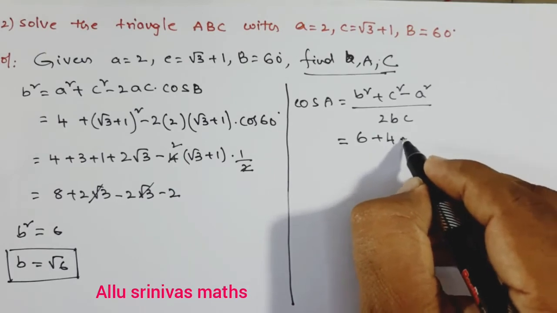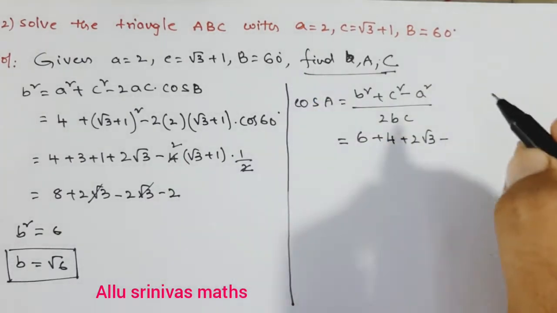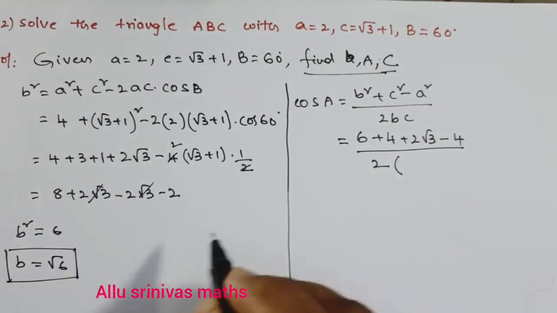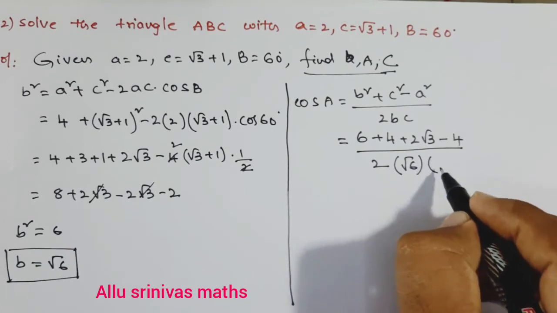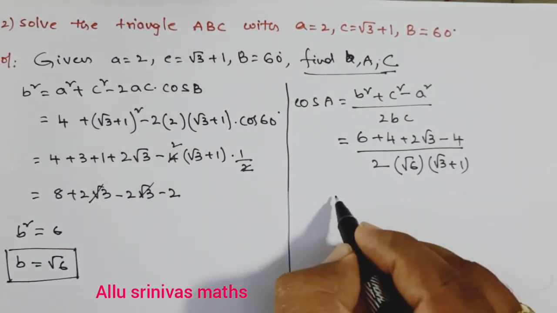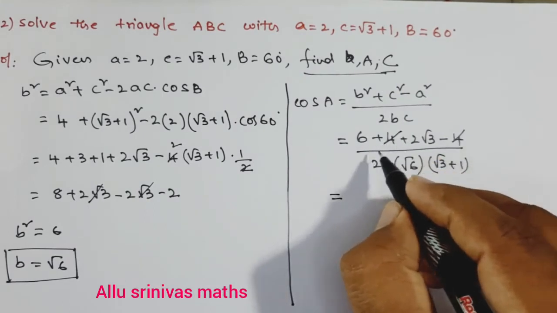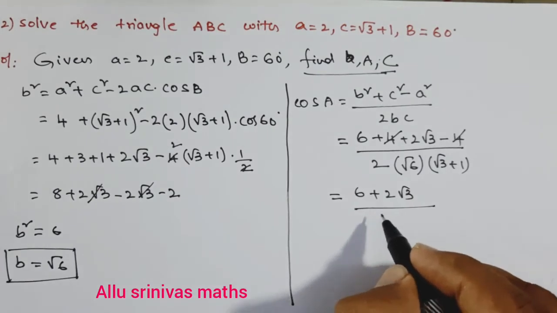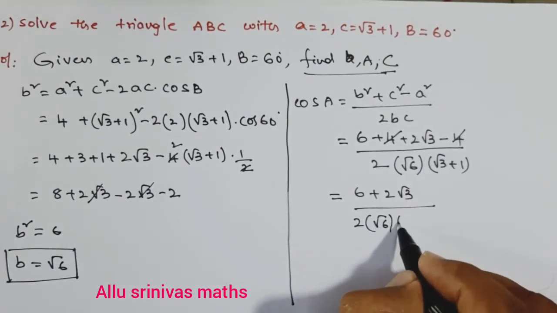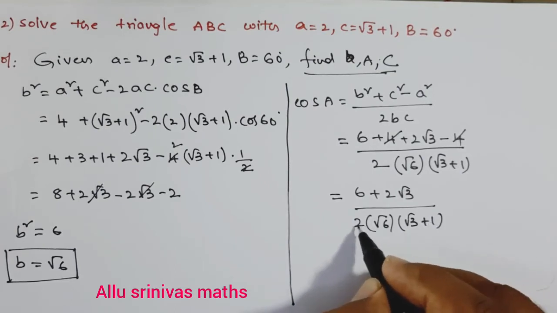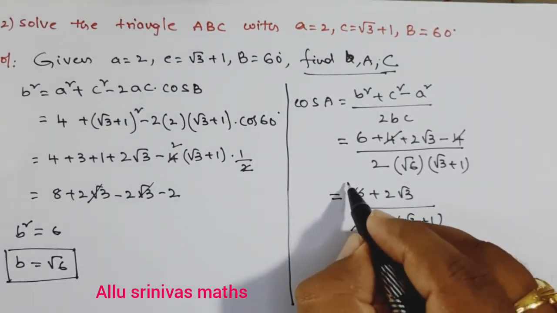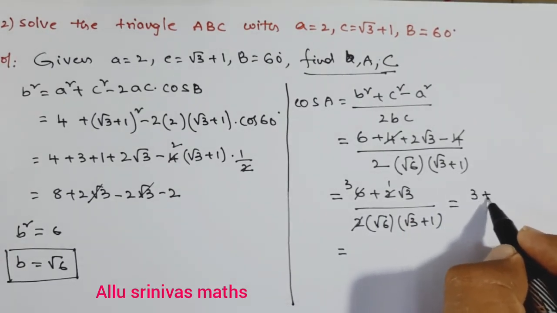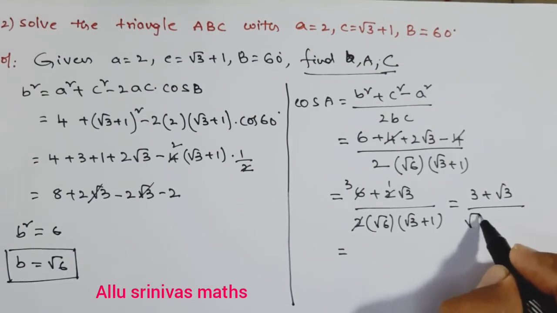Finally 4 plus 2 root 3, minus a square is 4, divided by 2bc. b is root 6 and c is root 3 plus 1. And then simplify, 4 minus 4 cancel, 6 plus 2 root 3 divided by 2 root 6 into root 3 plus 1. Numerator and denominator 2 cancelled, 3 plus root 3 divided by root 6 into root 3 plus 1.